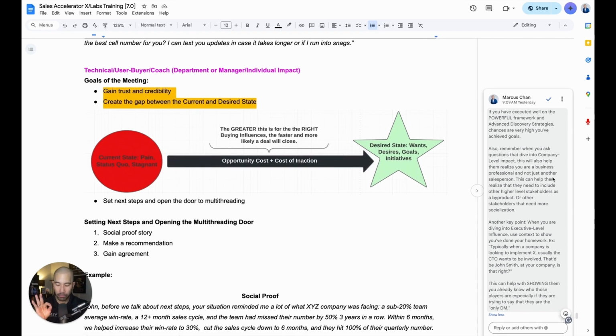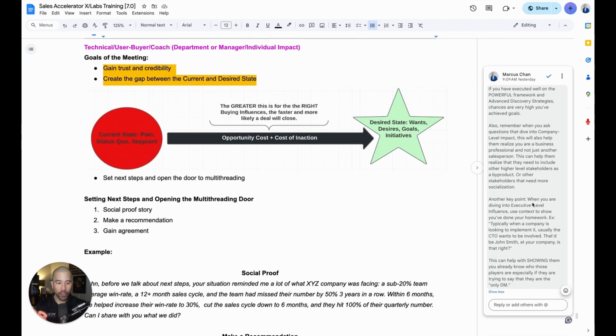Now, another really, really key point I want to make sure we hit home here. When you're diving into the executive level influence part of the powerful framework, you want to use context to show you've done your homework. So for instance, an example is, hey, typically when a company is looking to implement a CRM migration, usually the CTO wants to be involved.